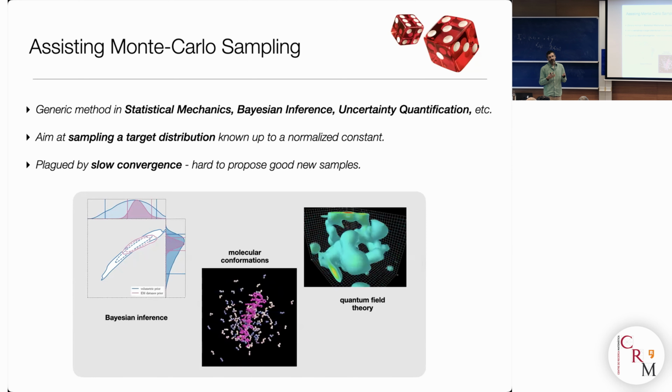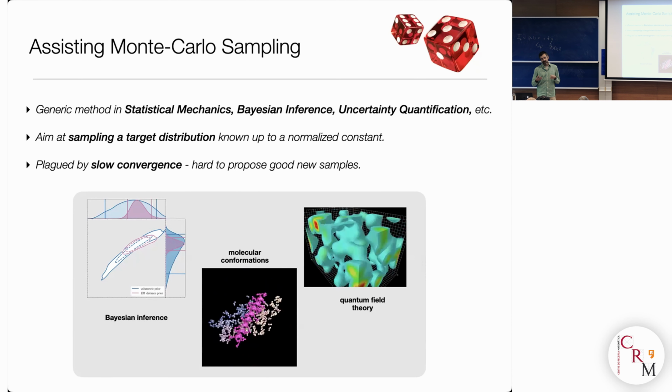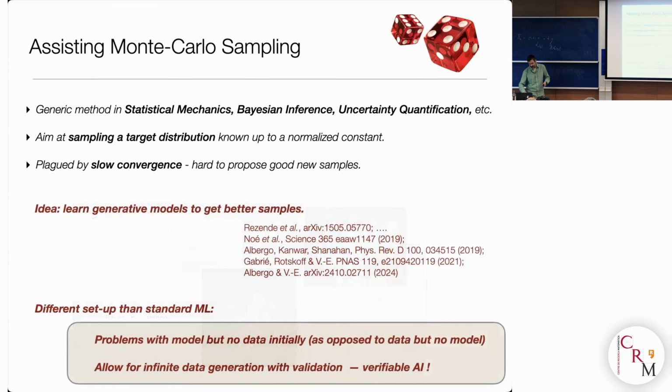And in general, the variance of the corresponding estimators that you get is pretty bad because your proxy is pretty bad. Okay? And so there is an idea that is now exploding in the literature, which is to say that a way by which you could generate better samples is to use a generative model. Because if you have the perfect generative model, it should give you samples from the target by definition.